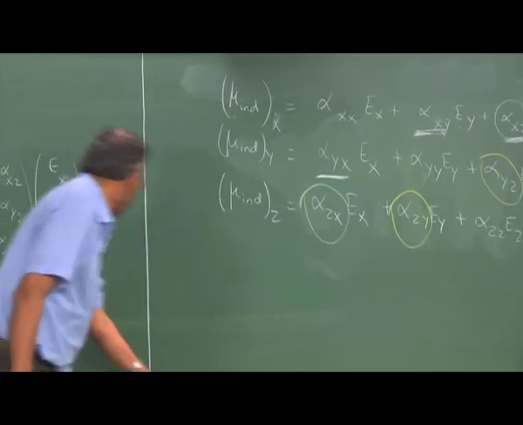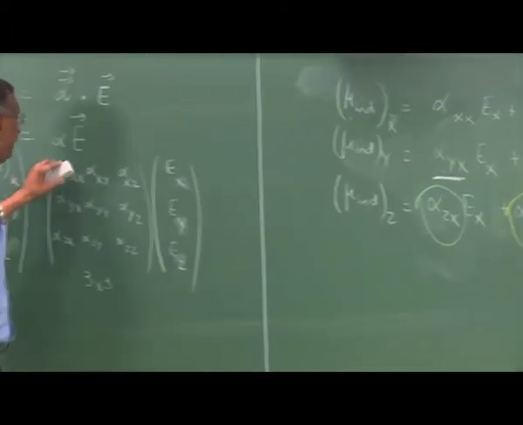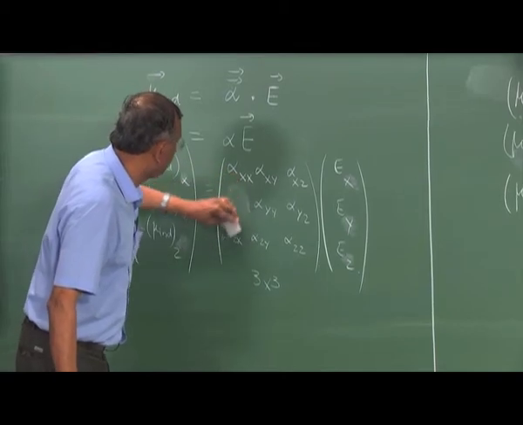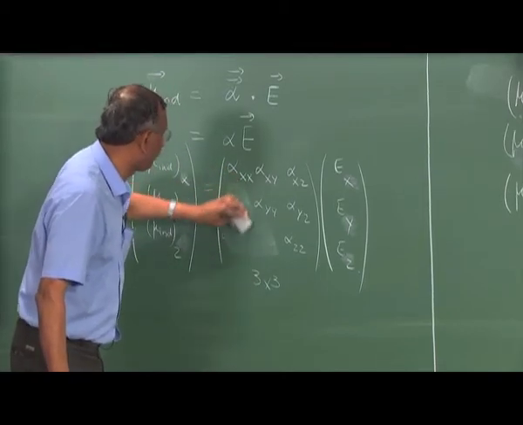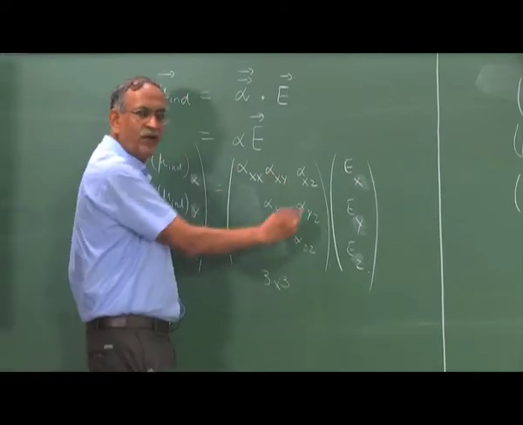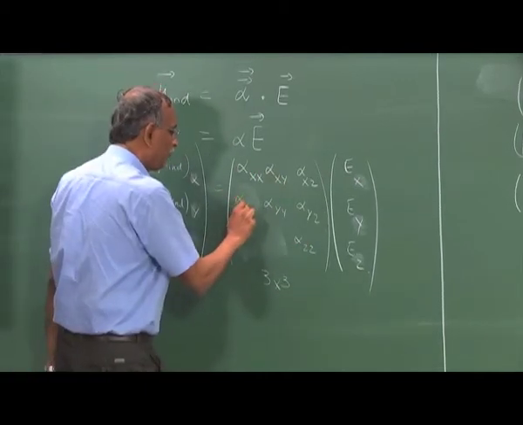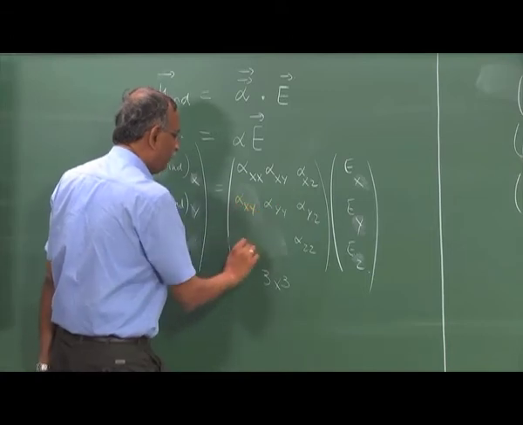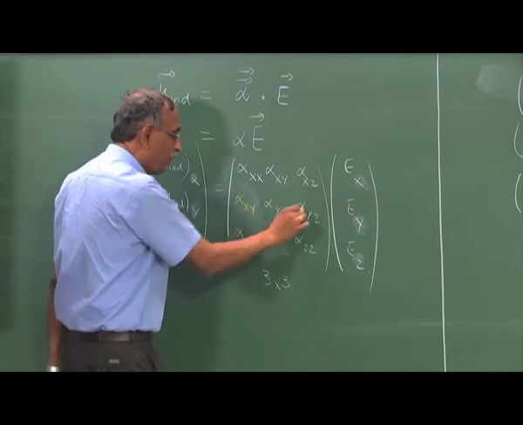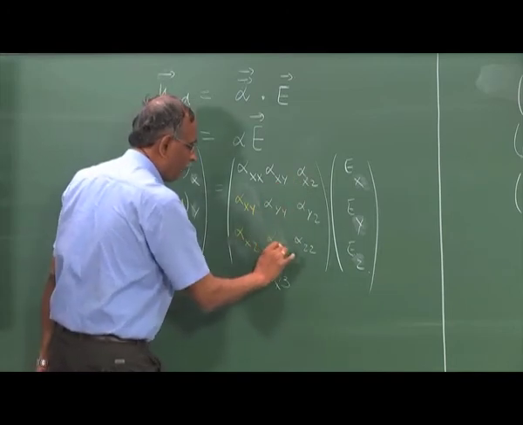Therefore, what we have here is not 9 independent components, but only 6 independent components, because all these off diagonal components, this is the diagonal, these are the 3 off diagonal components, this is the same as alpha xy, this is the same as alpha xz, diagonally opposite is alpha yz.